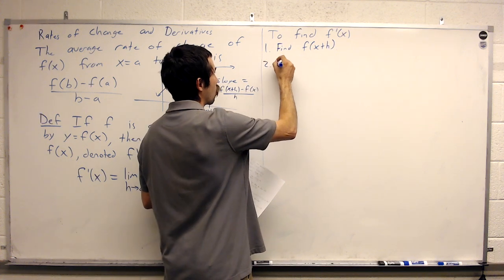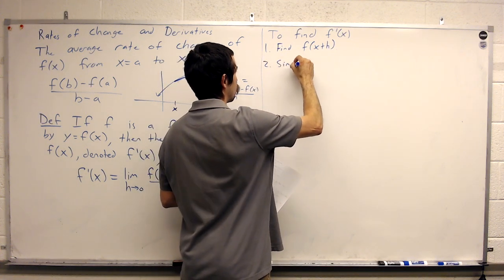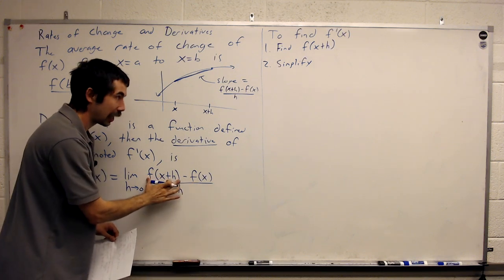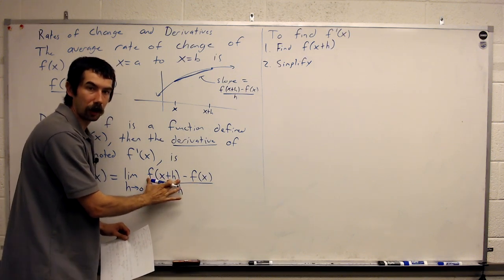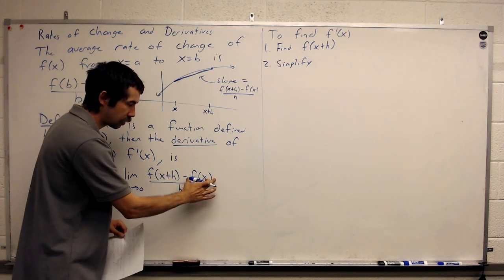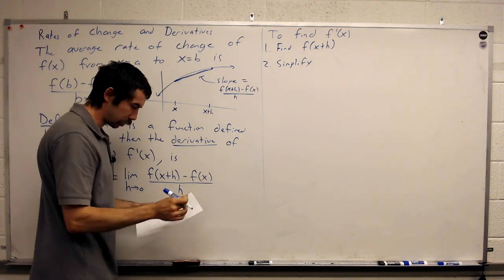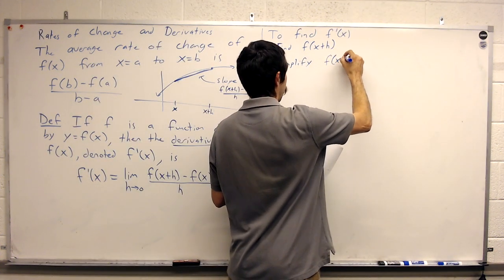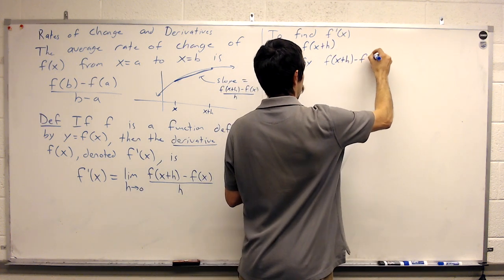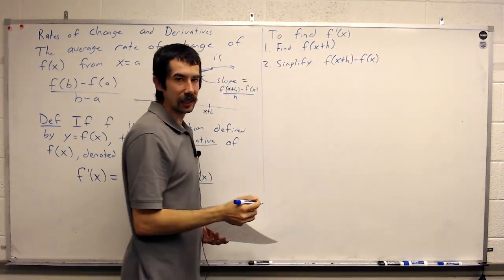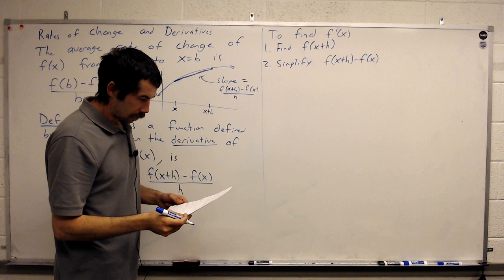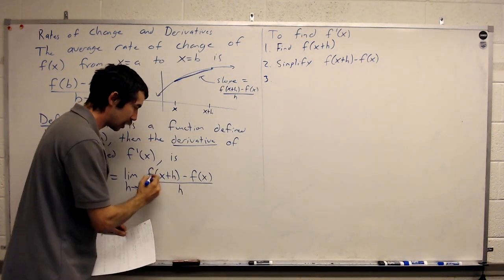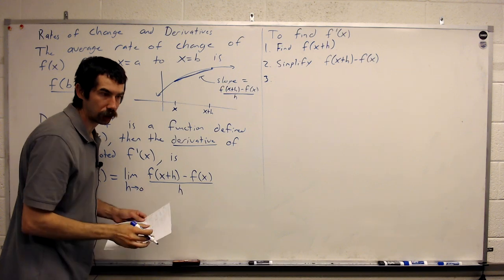Step 2, we're going to simplify the numerator. All right? So we'll take what we just got from part 1, subtract off the original function. Step 3, we're going to simplify the entire fraction.